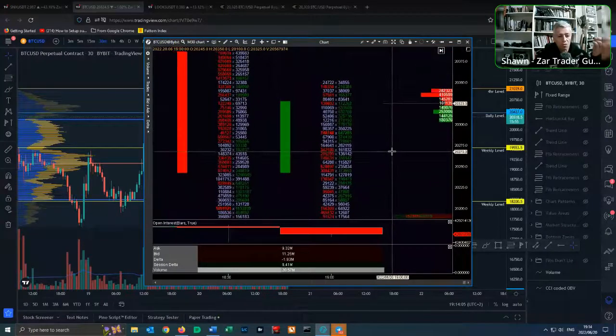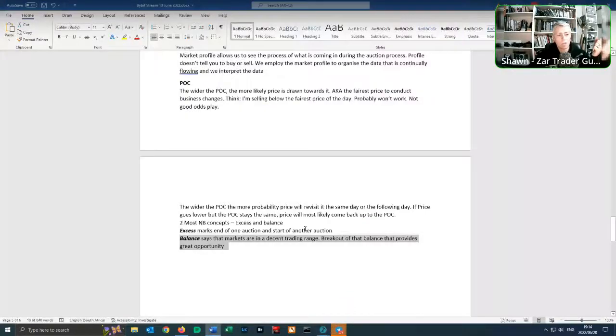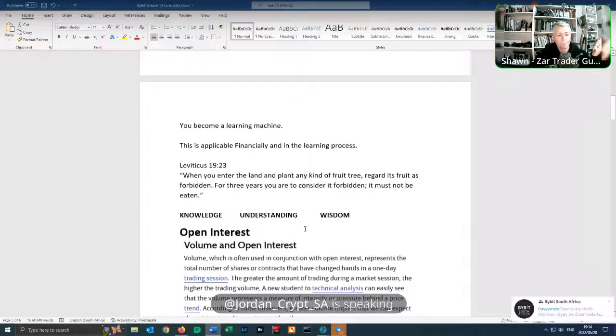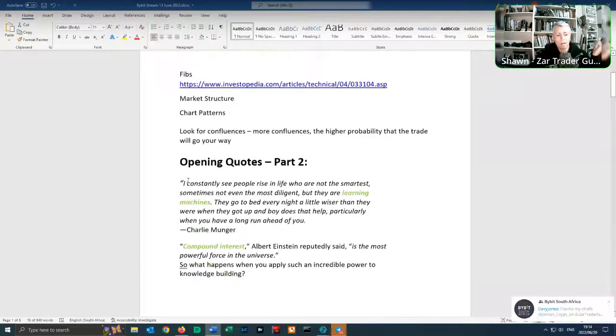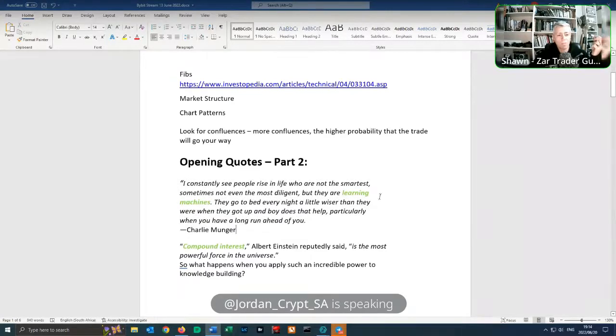And just remember that your knowledge is cumulative. I actually put it into the document here. Charlie Munger, that famous guy's partner, Warren Buffett, says, I constantly see people rise in life who are not the smartest, sometimes not even the most diligent, but they are learning machines.